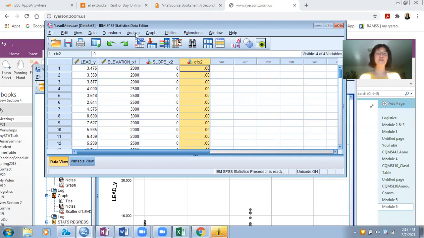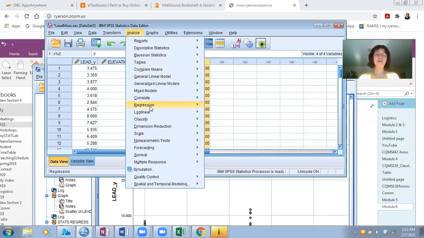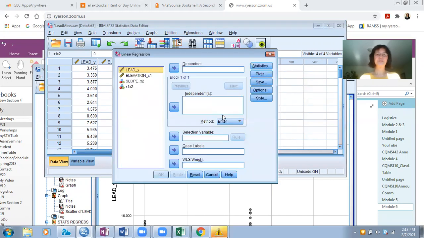To fit the model, go to Analyze, Regression, Linear. Dependent variable is y. Independent variables, I have these 3: x1, x2, x1 times x2. And then click the OK button.